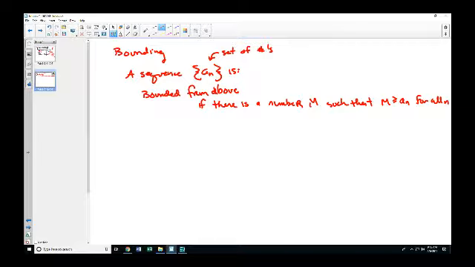That's called an upper bound. So the opposite of that would be m is less than or equal to a of n. Basically, graphically, you have some number m, and no term of the sequence goes above it. And we can do the same with bounded from below.